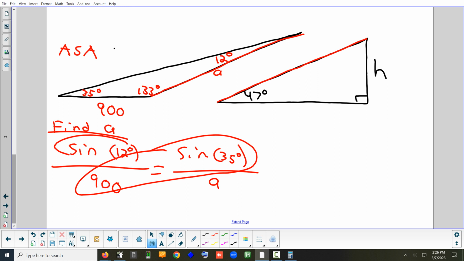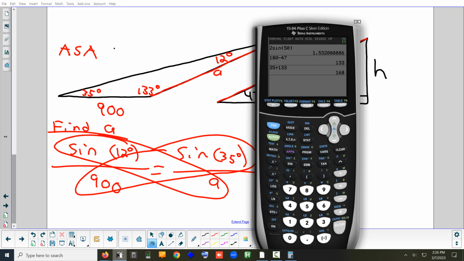Cross multiply and see what you get. So 900 sine 35. And Gavin, what am I going to divide by? Which side would it be?